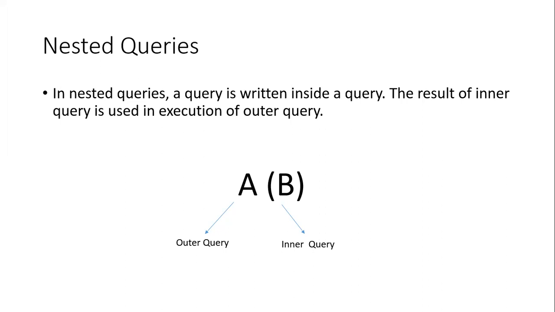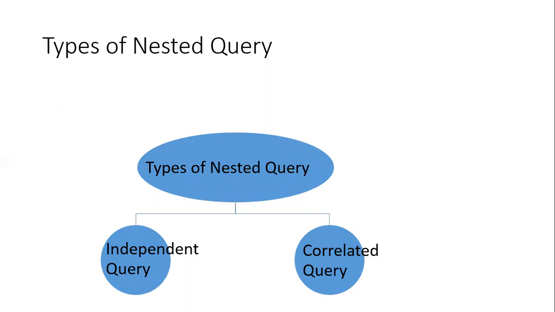Whenever the inner query doesn't execute independently from the outer query, then we say that the nested query is a correlated query. So we have two types of nested query: one is the independent, another one is the correlated query.